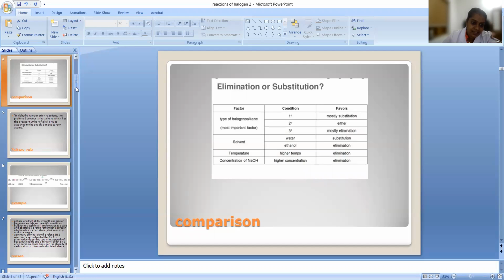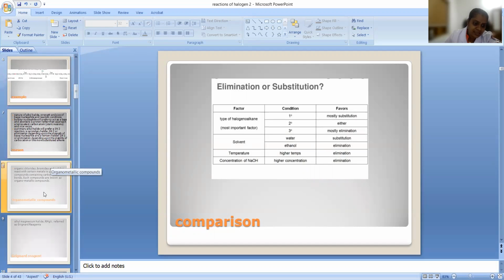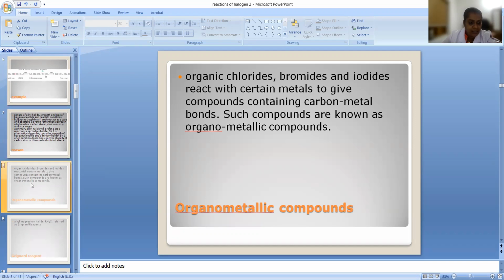Now let us see the next type of reaction. Let us first see what an organometallic compound is. Organometallic compound means if a halogenoalkane, suppose this is CH3X, reacts with a metal and you get a metal-carbon bond, that product formed is called an organometallic compound.